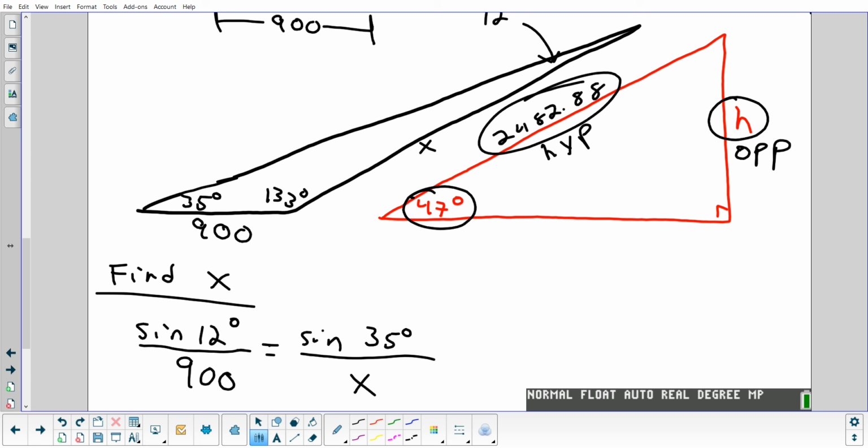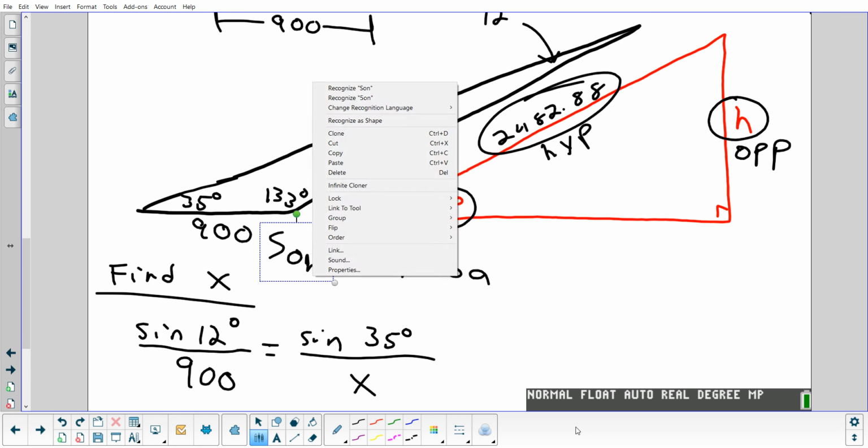It goes pretty far back. Is it cosine? Cosine is when you know adjacent and hypotenuse. So we're looking at opposite and hypotenuse. Sine. So sine is opposite over hypotenuse.